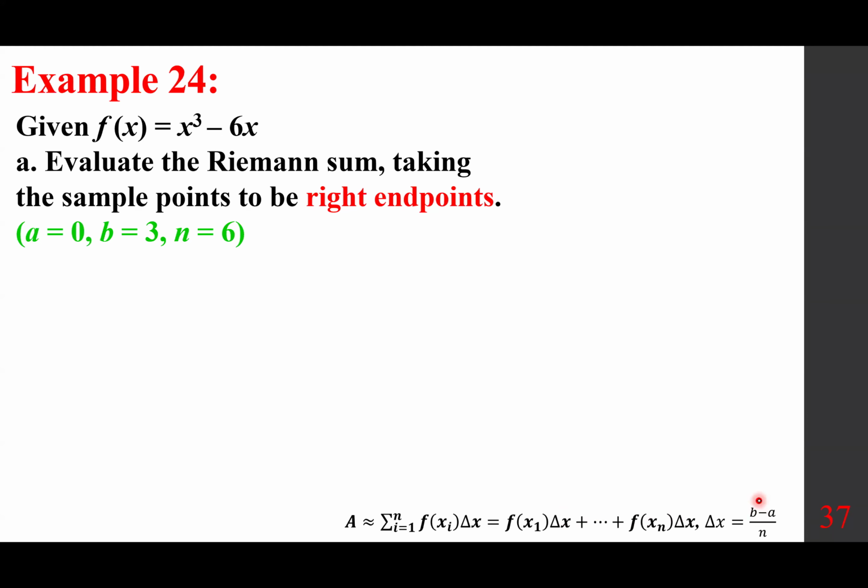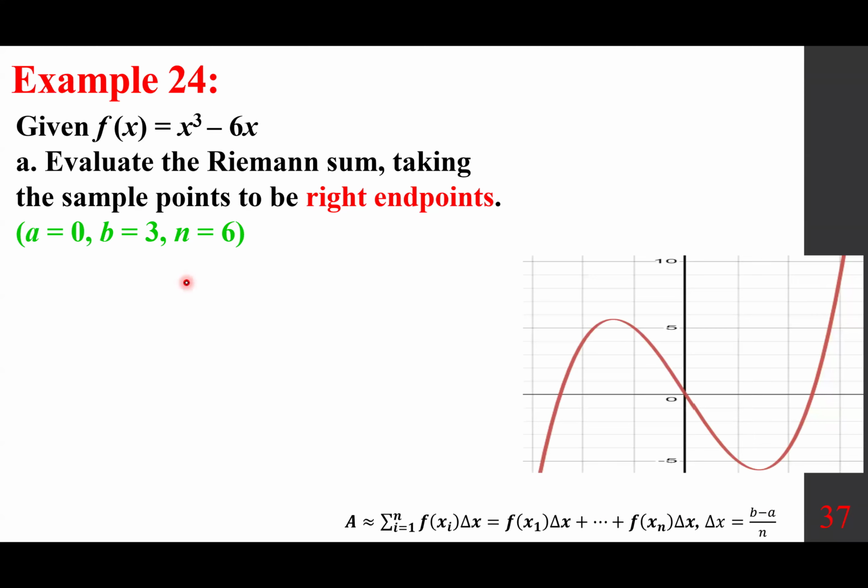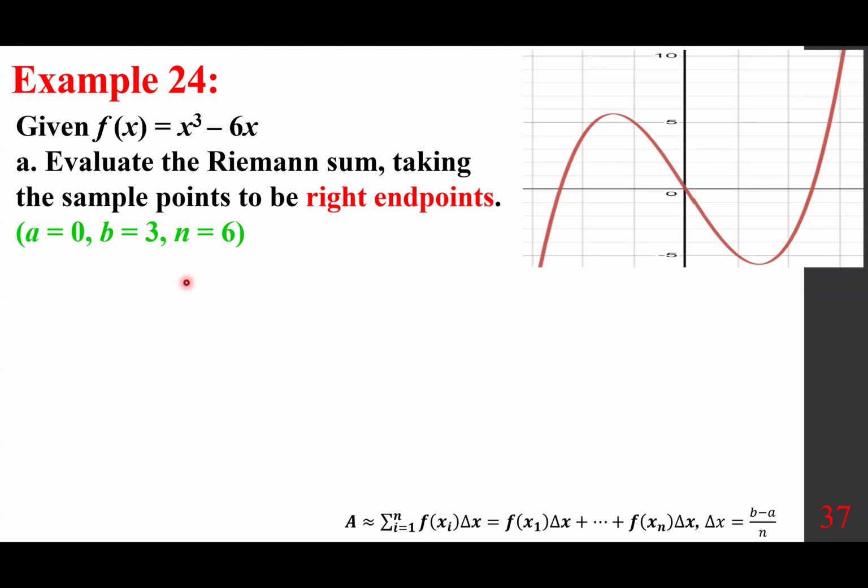So you can graph the function. The function is x cubed minus 6x. a is 0, b is 3, and n equals 6. So you can see that we want to go from 0 to 3, my apologies.